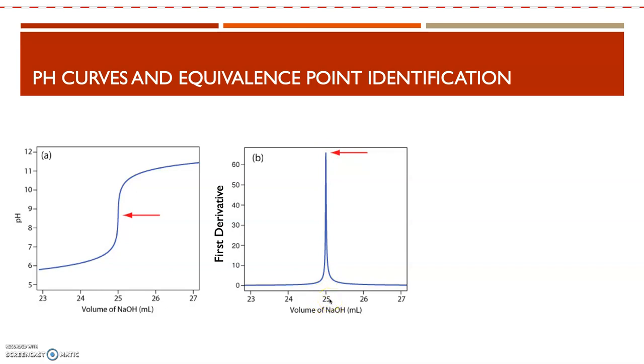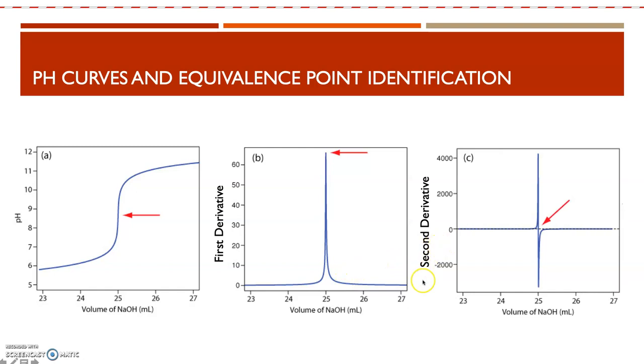Now, experimentally, sometimes this is pretty messy, and so we get a more reliable number if we look at the second derivative. So the second derivative is going to show you where that equivalency volume is, but in a crossing of 0. Okay, so again, this is concave to convex, and so we get a crossing of 0 when this goes to a maximum.